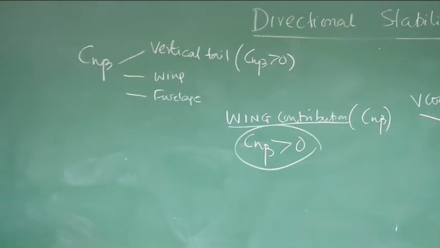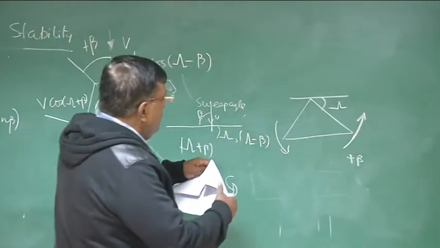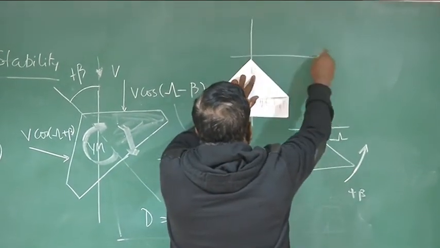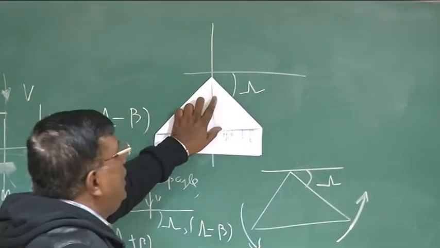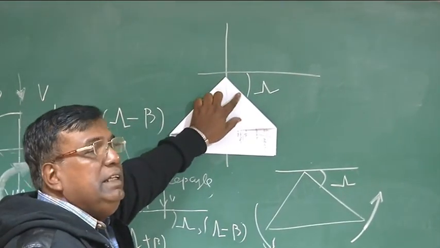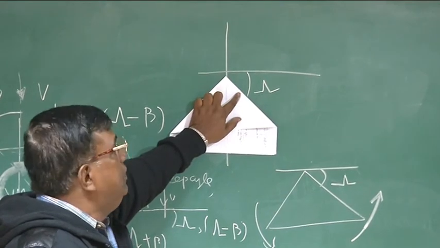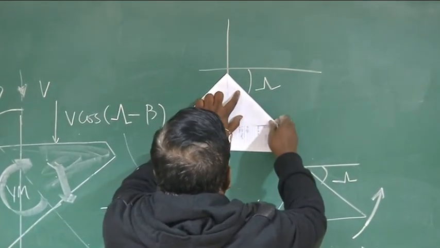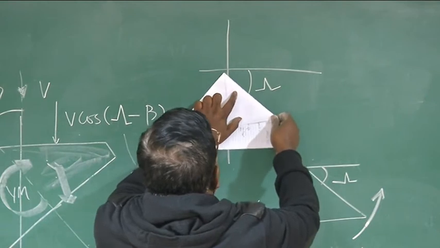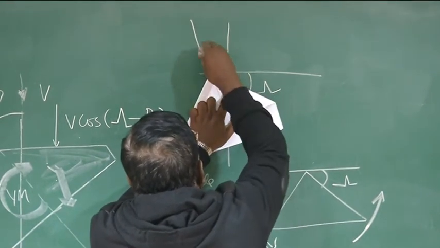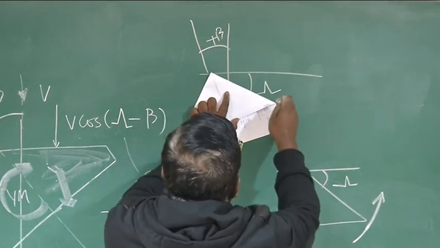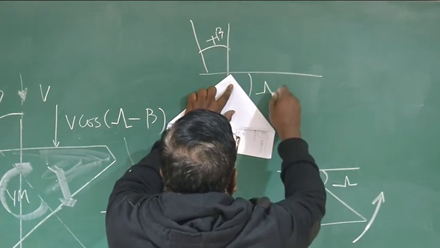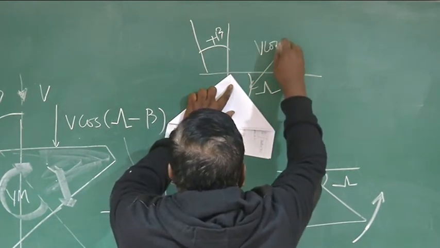Is it clear? I repeat here again. If this is the right wing and the airplane is like this, and this is lambda, we are discussing whether the wing will generate Cn beta because of its wing planform, whether stabilizing or destabilizing. We have taken a swept wing, and when it is going with beta, the configuration should be like this. This is positive beta. Earlier the angle was lambda, so the normal component was V cos lambda.